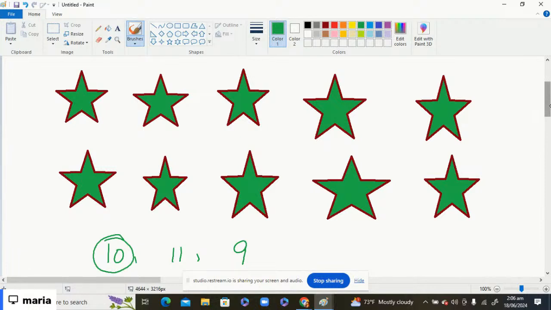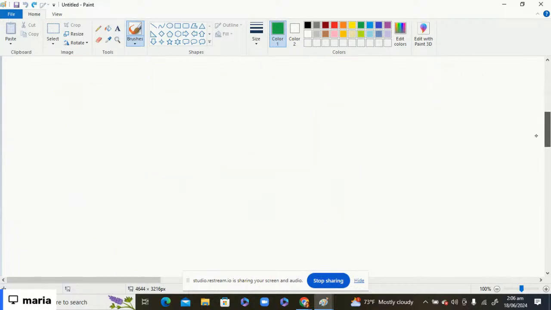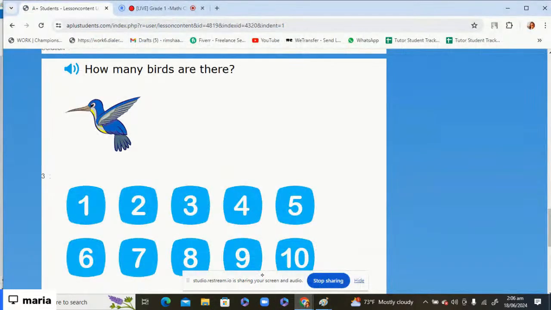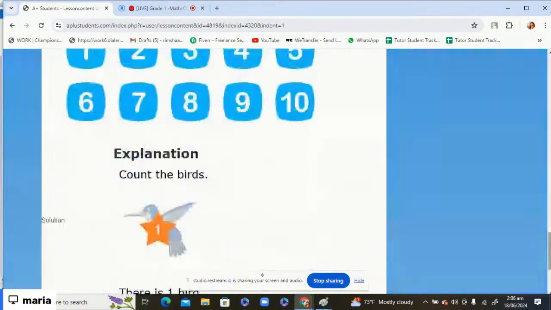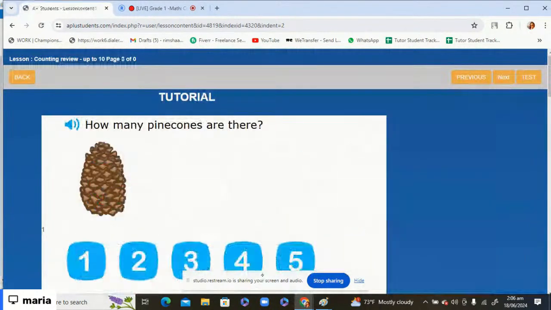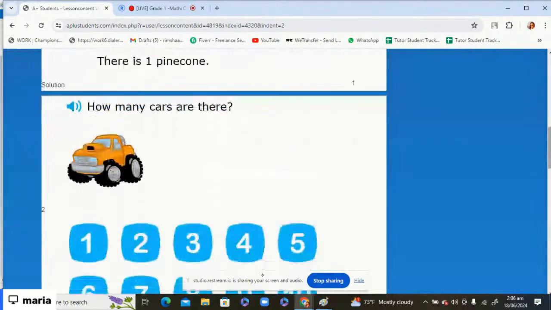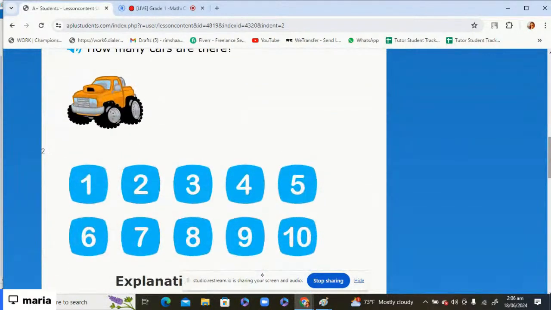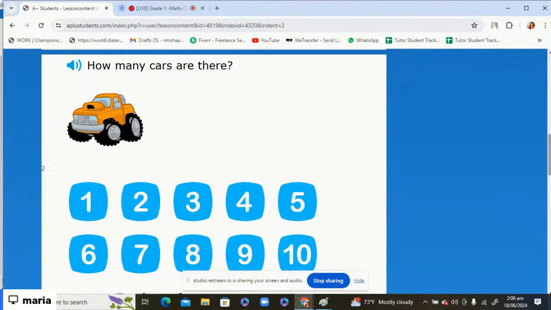All right, let me draw some different shapes now. Let's do it from here. So how many cars are there? How many cars are there, everyone? Tell me. That is only one car. Good.